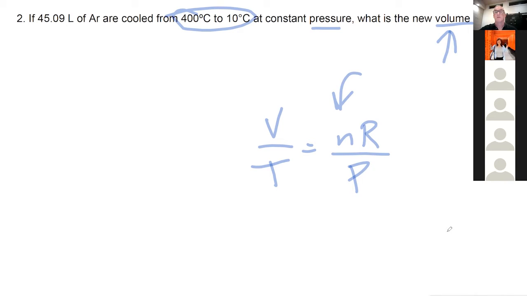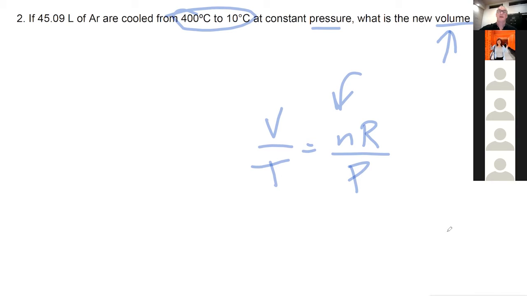Moles. So is the number of moles changing? No. And R is a constant. That's not going to change. And is the pressure changing? No, it's constant too. So none of these things are changing.